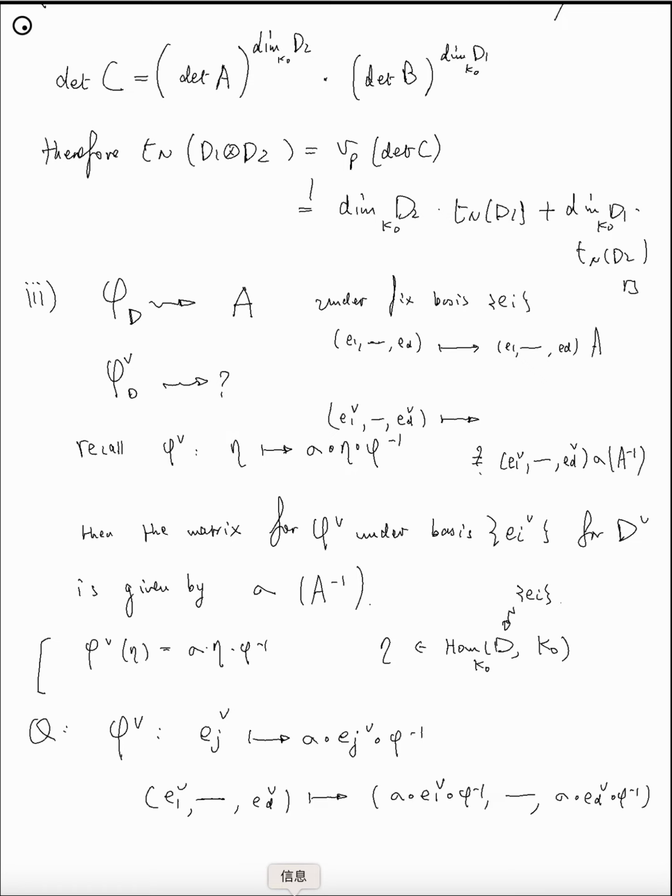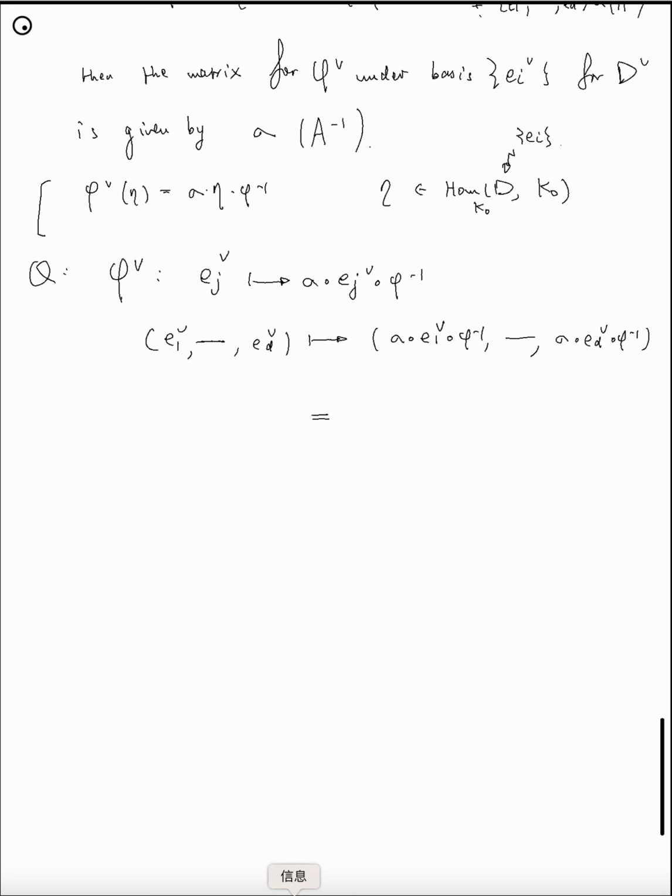The question is, is this the same as E1 du, ED du multiplied with the matrix sigma of A inverse, right? How do you check that true or not? You check its valuation on basis element EI.